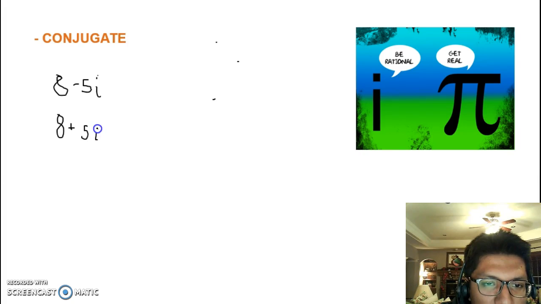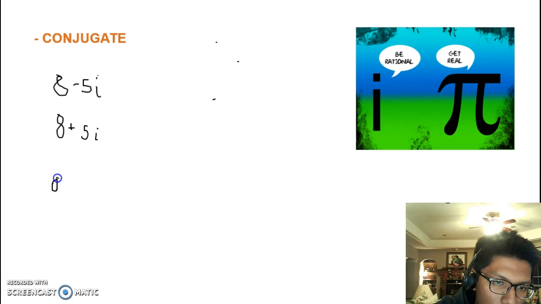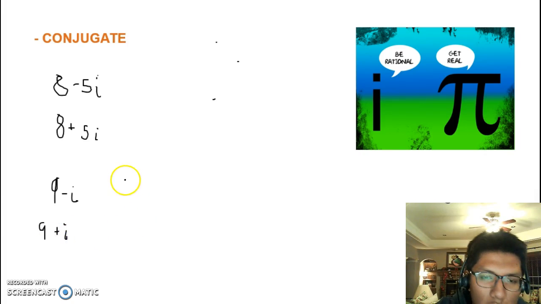And here's some more examples. 9 minus i would become 9 plus i. Negative 27i would become 27i.